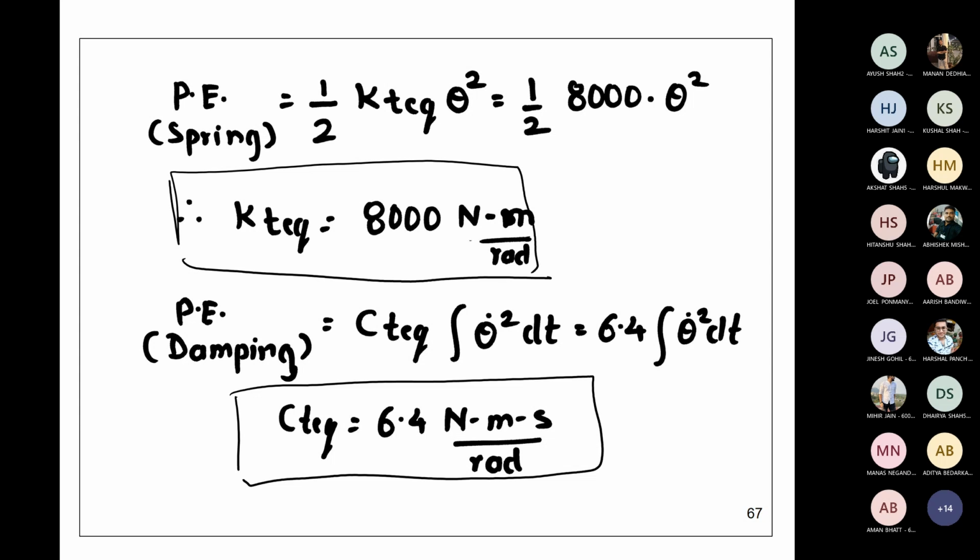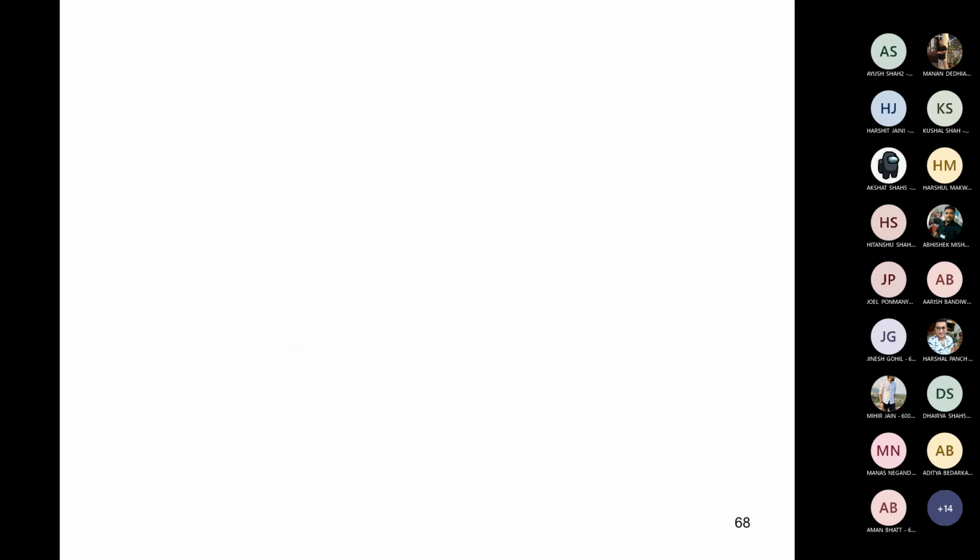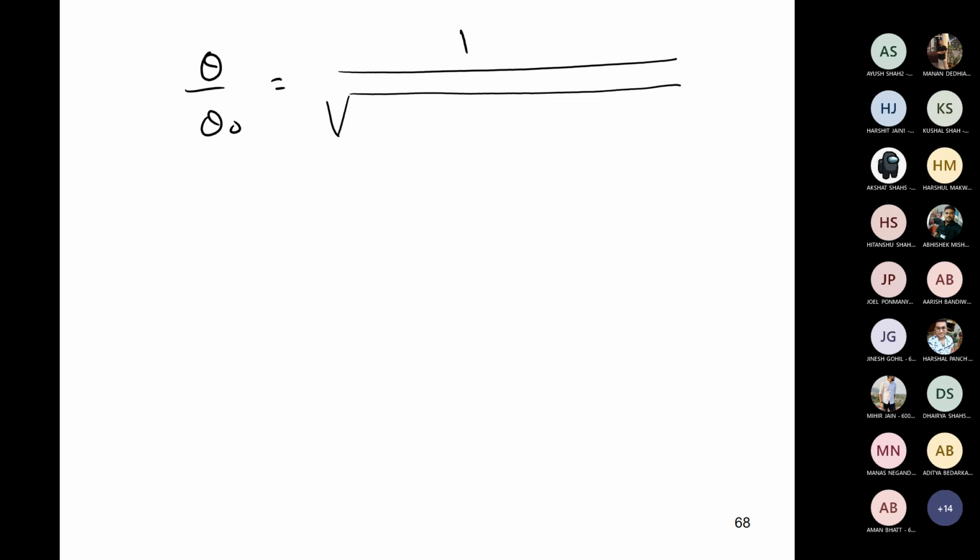No, sir. Okay. Now, what is the amplitude ratio, or the magnification factor for rotation, that is, theta by theta 0, will be equal to what? What will be the right hand side of the equation?